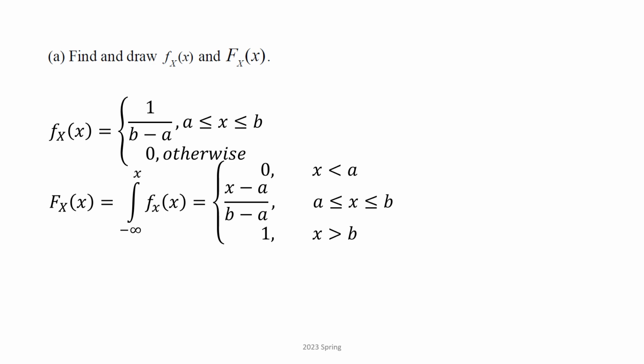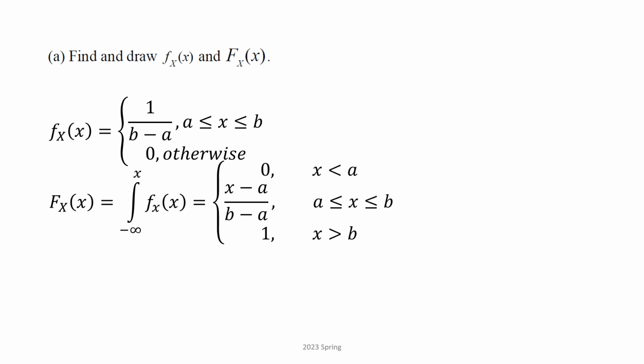Because x is uniform in the range of a and b, we know that little fx equals 1 over b minus a if x is greater than or equal to a and x is less than or equal to b, and it equals 0 otherwise.